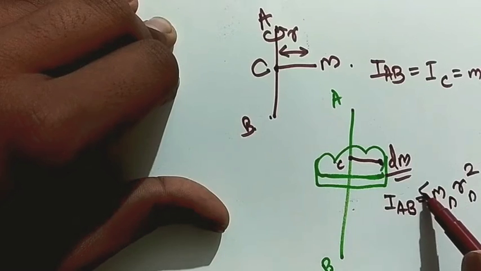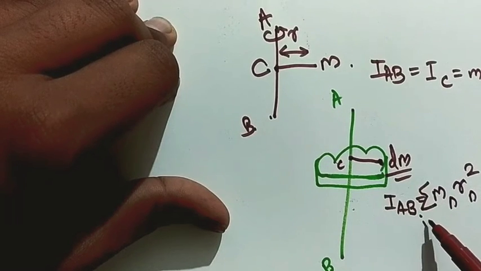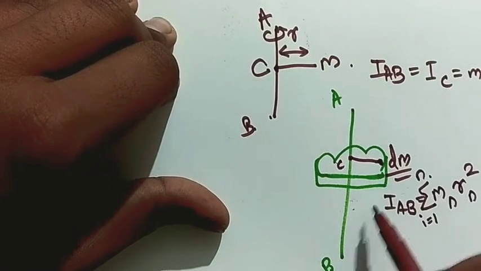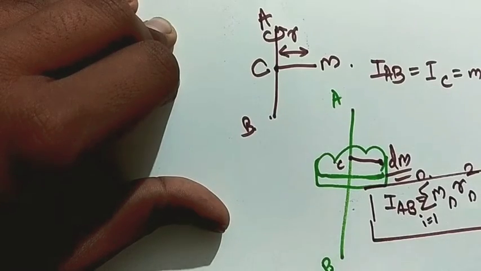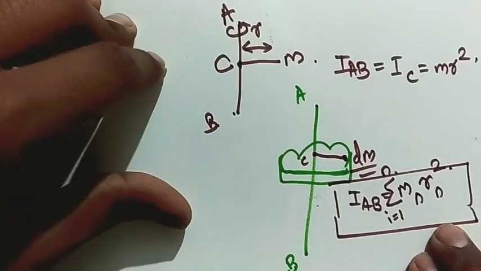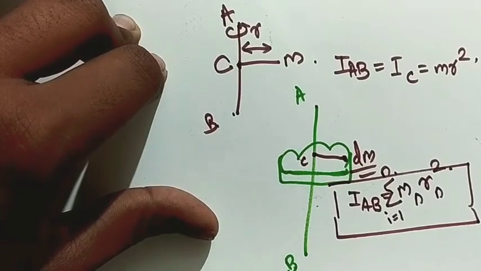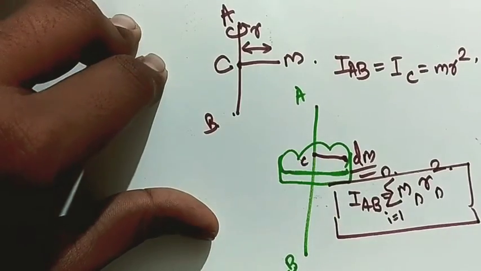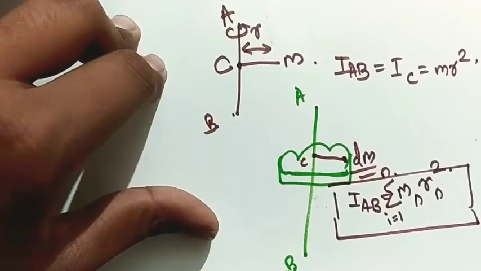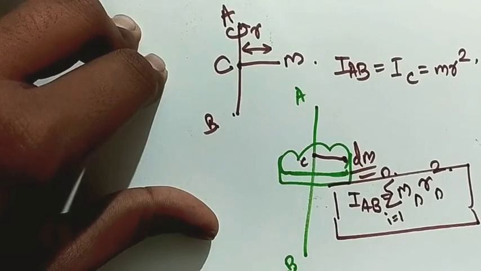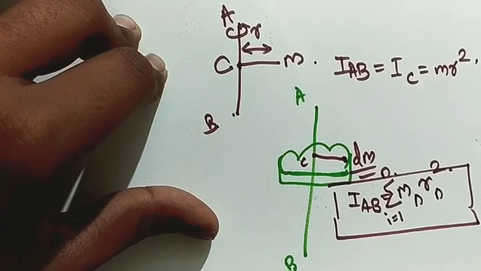So it is the summation, i equal to 1 to n. This is the equation we use if we want to calculate the whole moment of inertia of a continuous mass. The formula is the summation of all the individual moments of inertia.